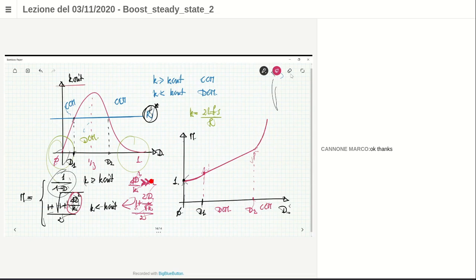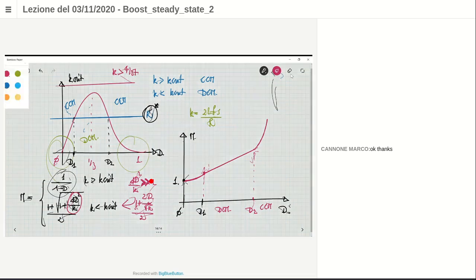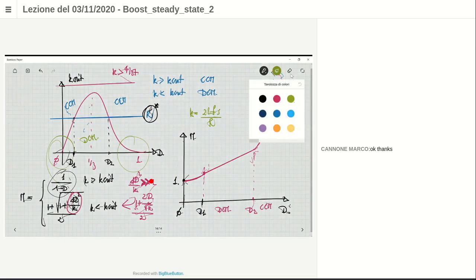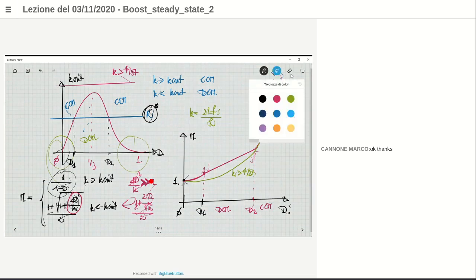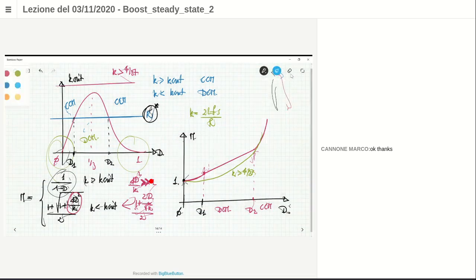When you have K higher than, say, 4 divided by 27, so you are operating in CCM for all the duty cycle, then you have the classical waveform. So this is for K higher than 4 divided by 27. And then you have the other expressions.